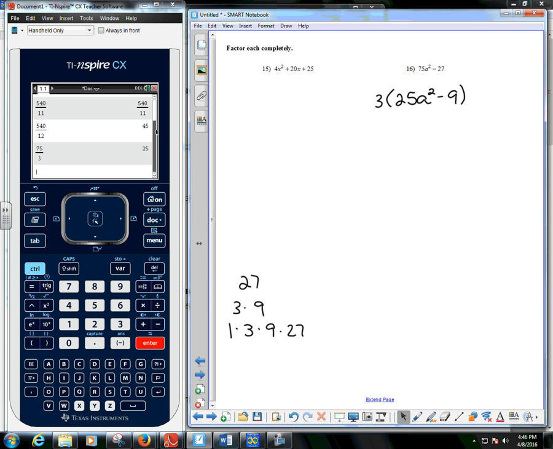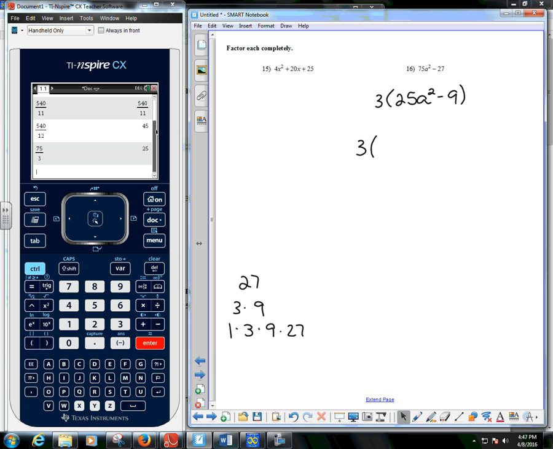Now, I look at this, and because I have two terms, I can go straight to parentheses because I recognize that I have a perfect square in the first spot. So 25a squared is a perfect square and 9 is a perfect square. I have a minus sign, so what I have is a difference of two squares. I'm going to bring down the 3 because I can't stop writing that, otherwise I'll forget about it.